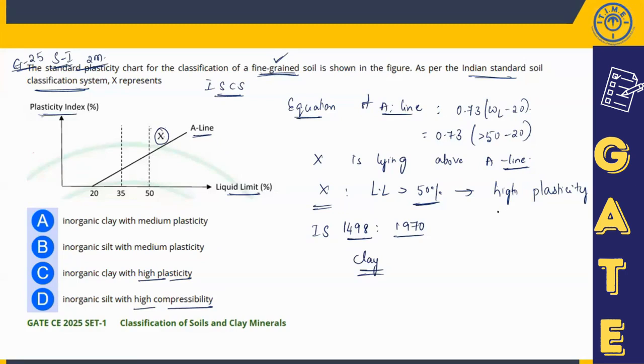One thing is very sure, it is a fine grained soil, which might be clay or silt. Since the soil is lying above the A line, I can confirm it to be clay. And the liquid limit is greater than 50%, so I call it a high plasticity soil. Therefore, it is inorganic clay with high plasticity. Option C is our answer. Am I clear to all of you?